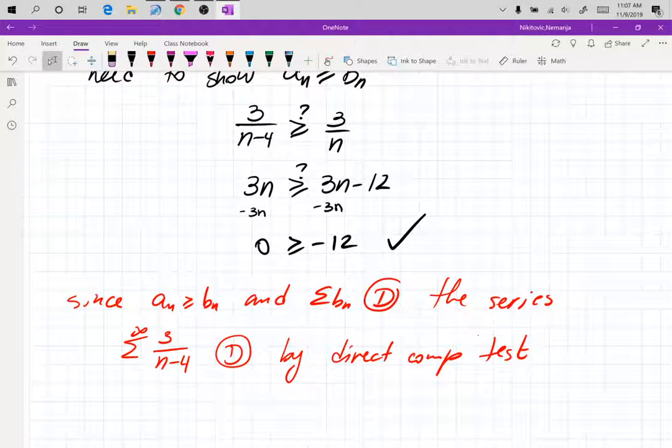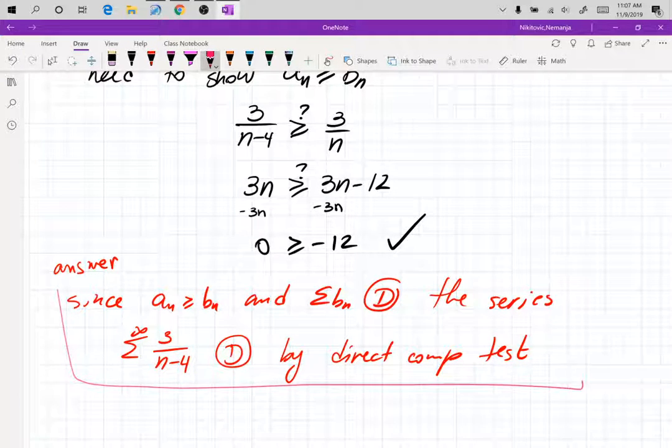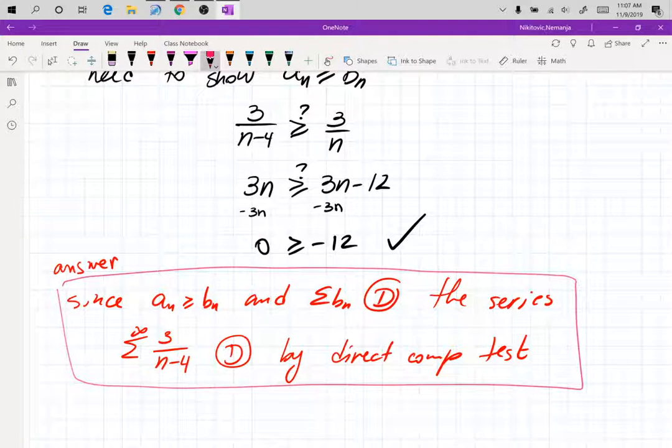And that's the answer. So whatever I write here in red, in this box, is what gives you credit. The rest is partial credit prior to this sentence. This sentence states you know the theorem, it states the answer, which is the series is divergent.